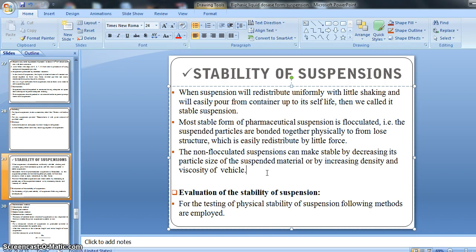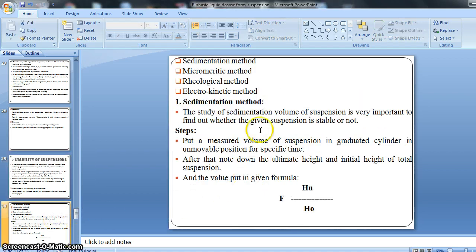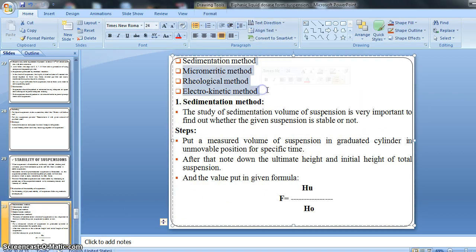By applying the physical stability tests of a suspension, we can determine whether our suspension is stable or unstable. By performing the various kinds of tests or methods, we can recognize whether our suspension is stable or not.